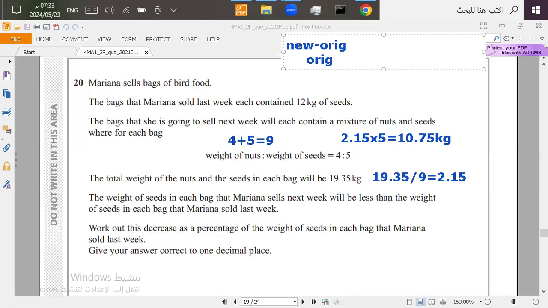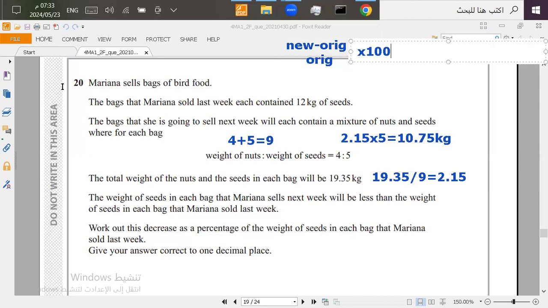So new minus original, divided by original, and then multiplied by 100. This is how you find the percentage of change between them.